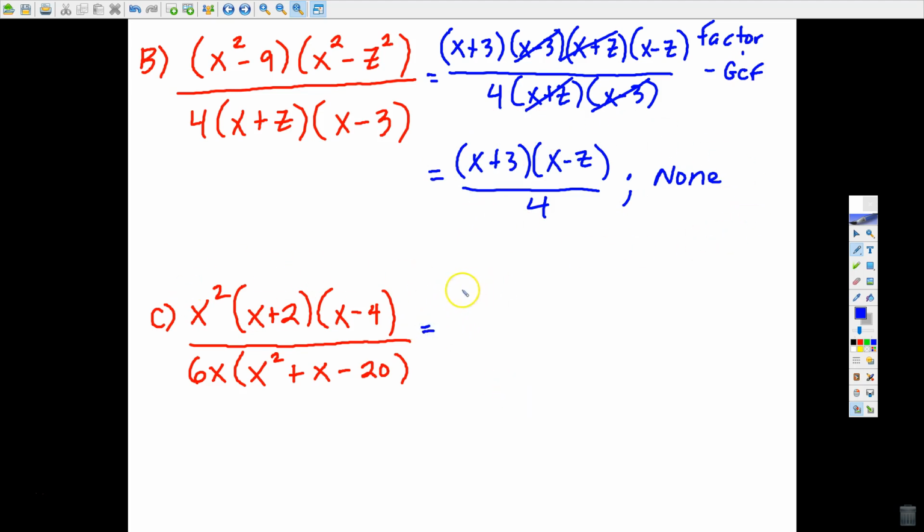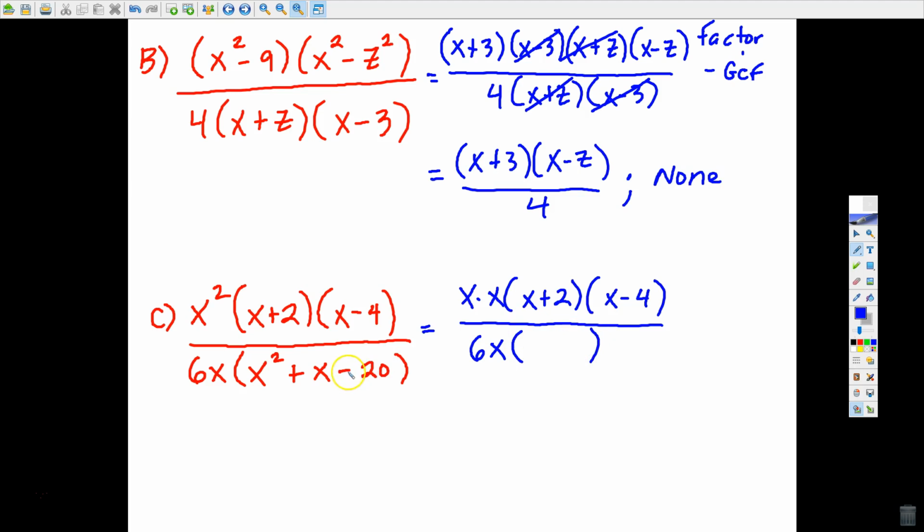Problem C, once again, look for opportunities to factor. There aren't any factoring opportunities in the numerator unless you want to consider this. I typically don't factor monomials, but you would certainly be okay if you wanted to turn x squared into x times x. That's probably a good idea for some. In the denominator, this quadratic trinomial can be factored.